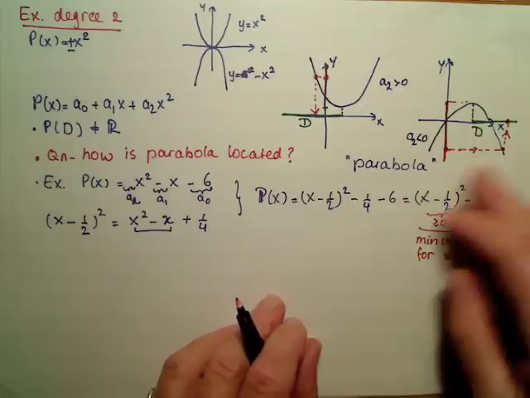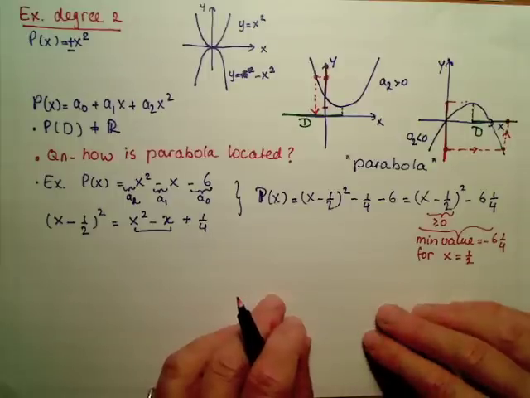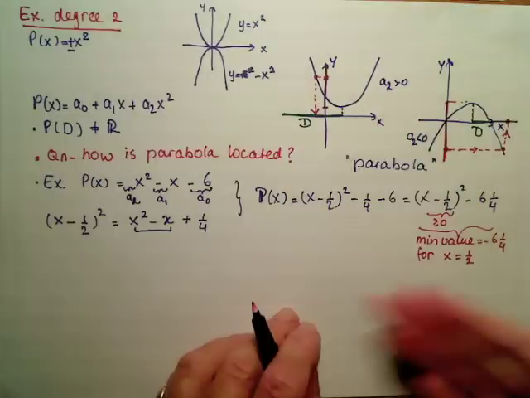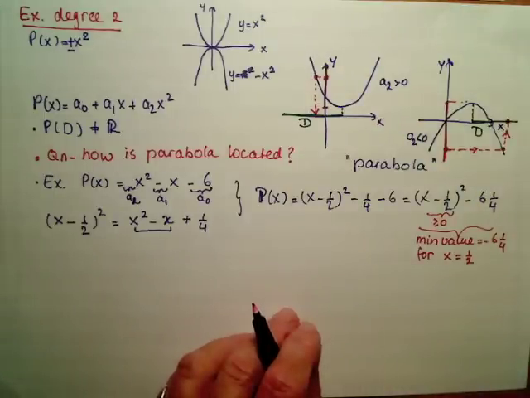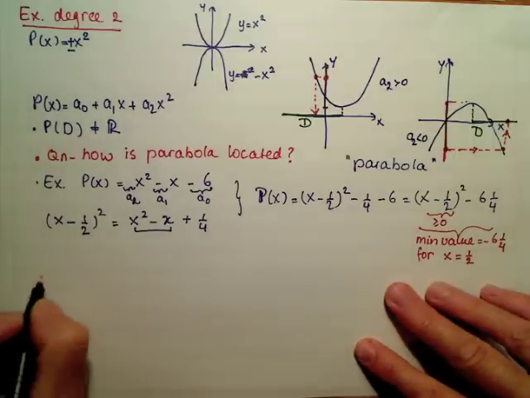So already from rewriting this polynomial in this form, as a quadratic term plus or minus a constant, we know a lot about this parabola. Now the second thing which helps us to determine the location of this parabola is by calculating the roots.